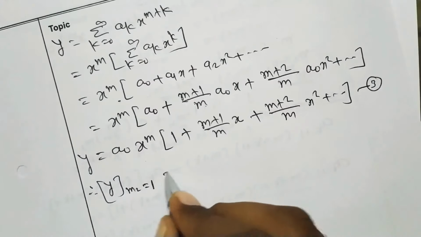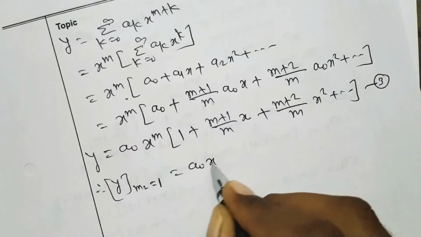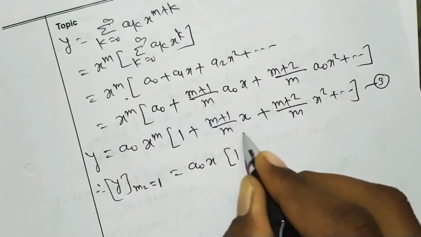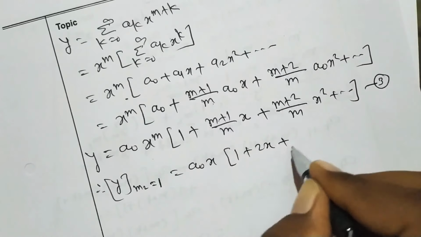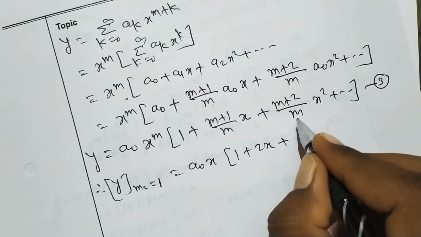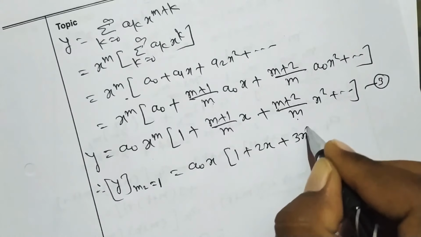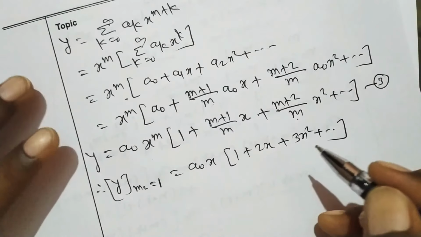So if you put here m2 equal to 1, then we will get a0x into bracket 1 plus 2x, okay, plus here 1 plus 2 is 3 upon 1, means 3x square plus so on. So this is the value of y at m2 equal to 1.